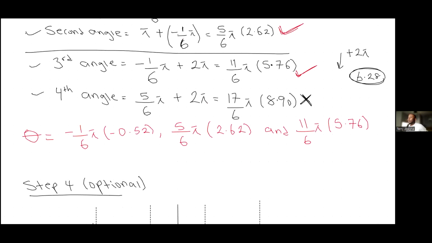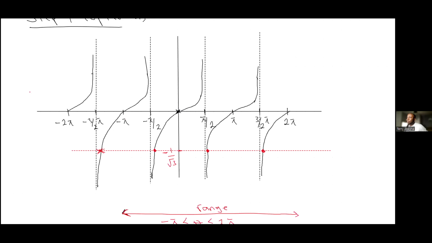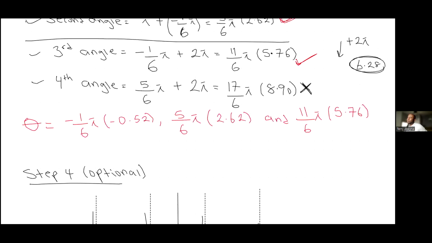Then we'll see that we have the first one here, which is going to be the principal angle. The answer we got for the principal angle was minus 1 over 6 pi.